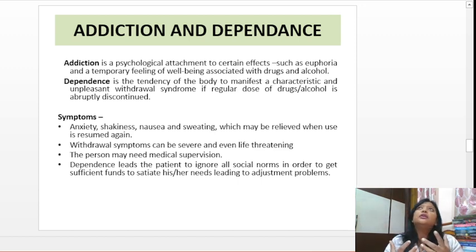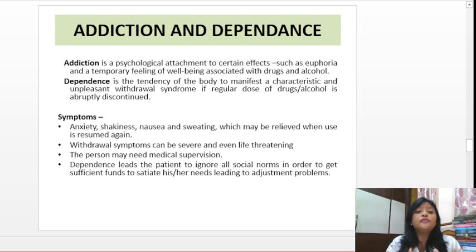That means the person's body is dependent on that drug or alcohol. So when the body is dependent on a certain drug or alcohol, especially at a particular dose, it is known as dependence.